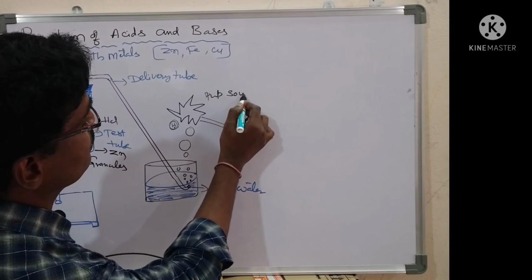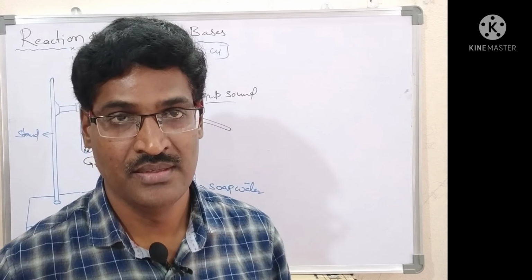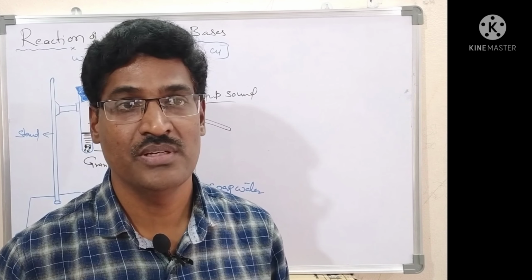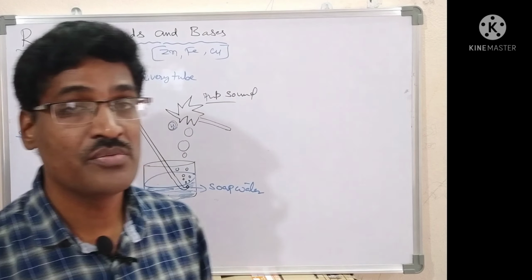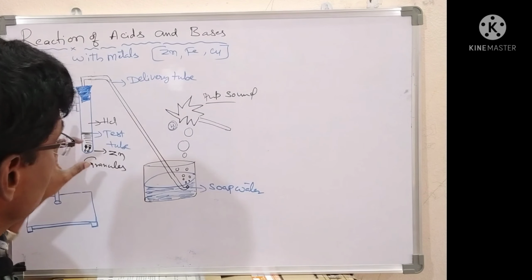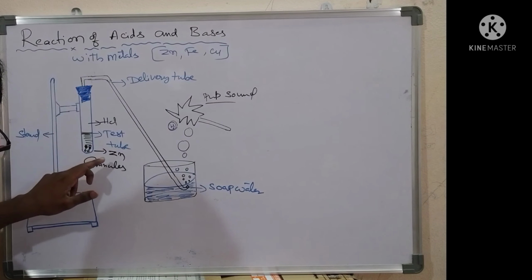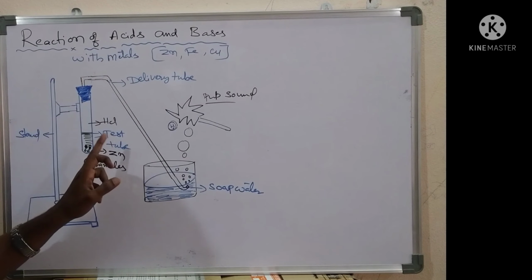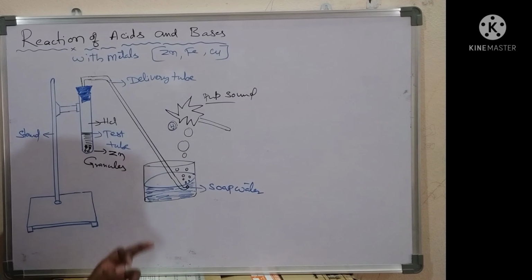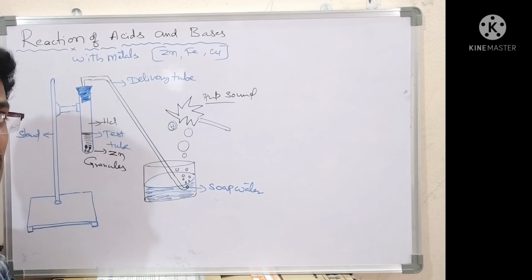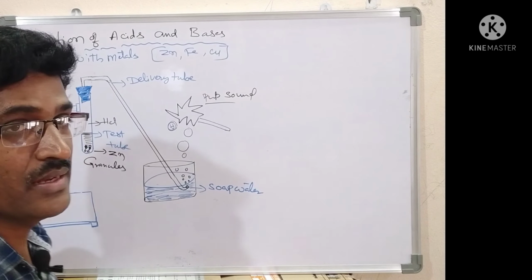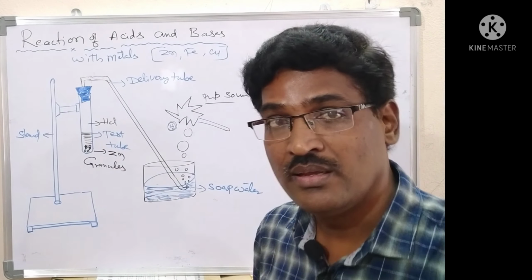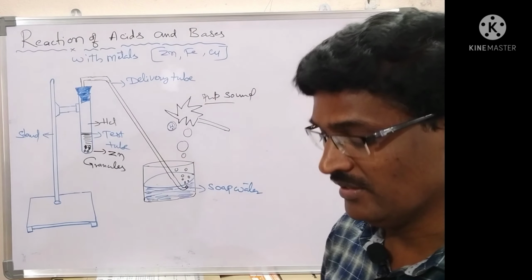By this you have to say the formed gas is hydrogen gas. What is the conclusion we have to give? Zinc is the metal that reacts with the acid, which gives hydrogen gas. Here I am writing the chemical equation.